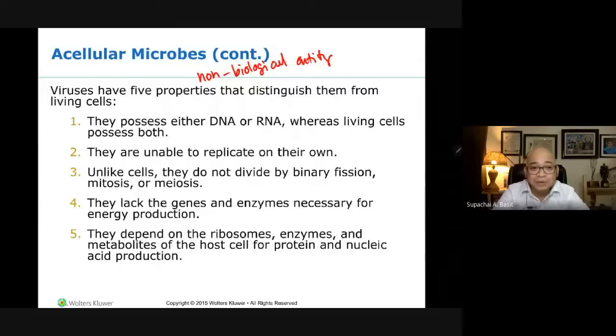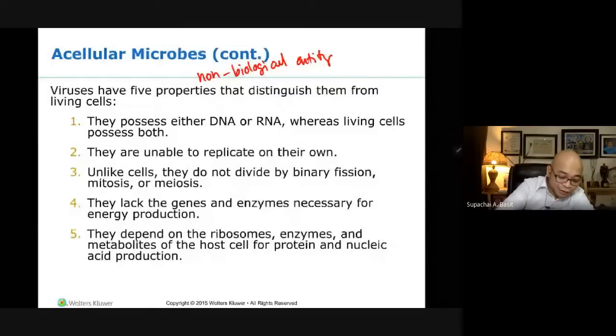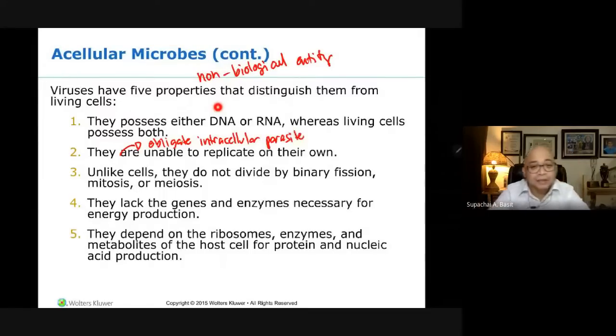Number two reason, they are unable to replicate on their own. Meaning to say, we consider them as obligate intracellular parasites since they cannot replicate on their own. In fact, in order for you to cultivate viruses in the laboratory, you will need a live tissue culture.